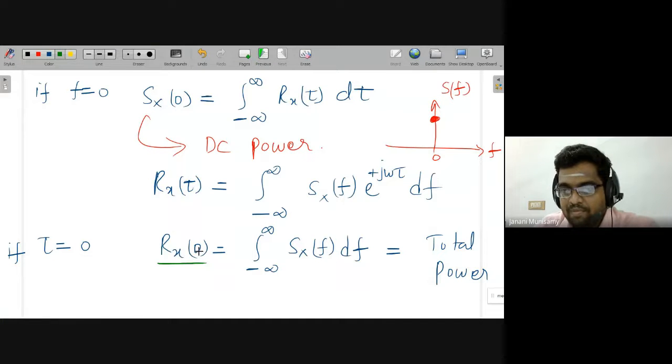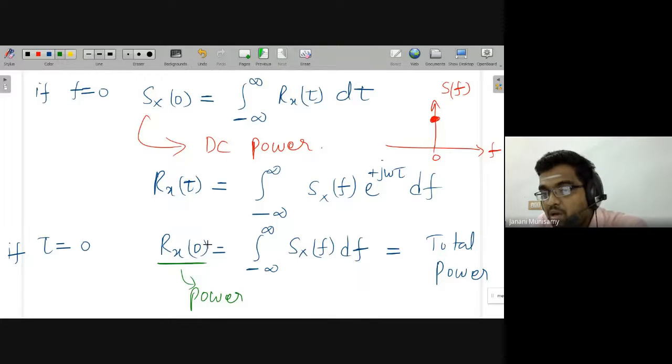That is also power. Once again, we are proving that power in the tau domain in terms of autocorrelation, and power in terms of the power spectral density, both are again same. Okay, this is all about the power spectral density.